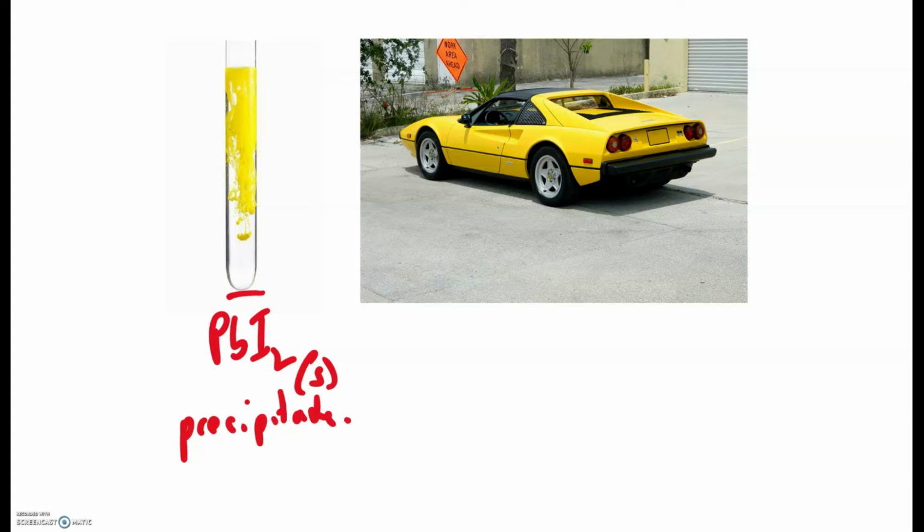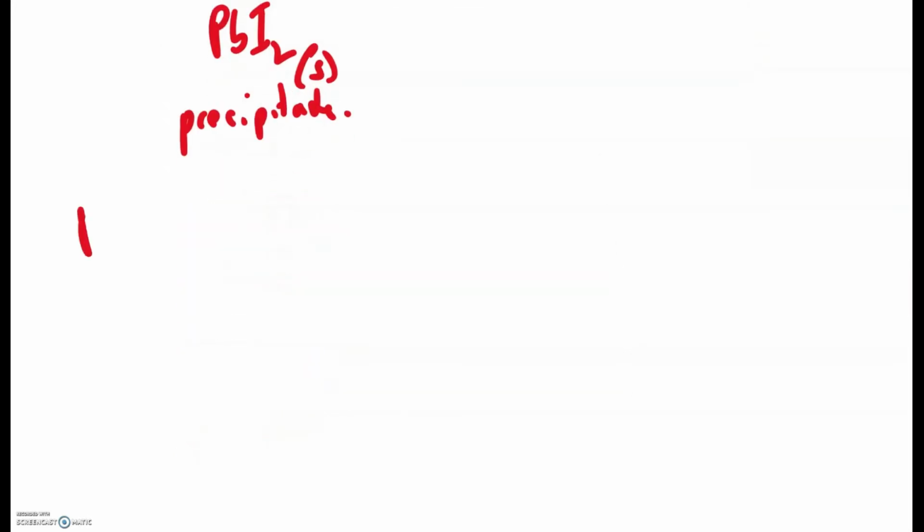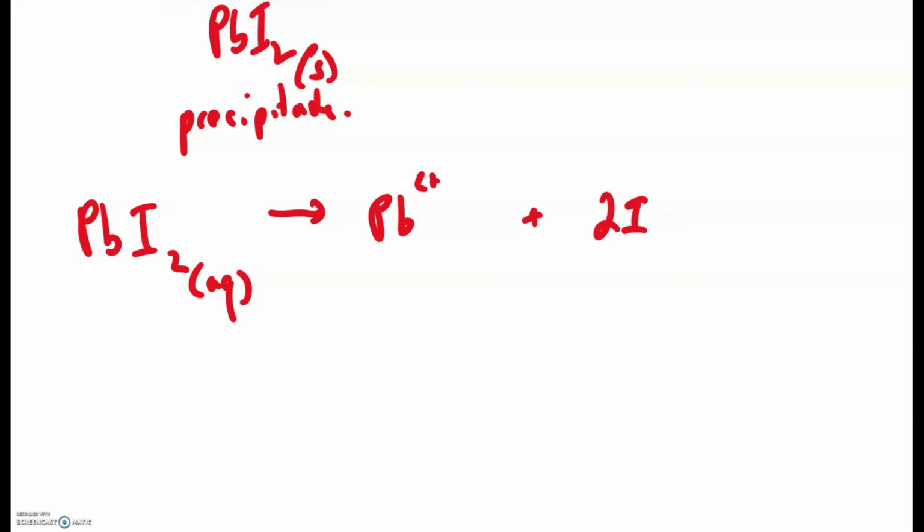Well, you're probably going to figure out that that's actually not what happens. What happens when we have lead iodide in solution is that it actually is aqueous and that it does dissociate into these two ions. It just doesn't do it very well.